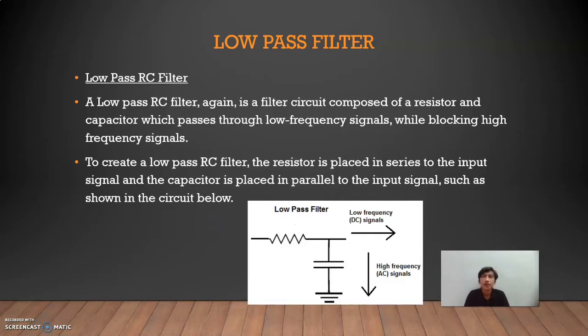It offers differing resistance to signals of different frequencies passing through it. A capacitor offers very high resistance to low frequency or DC signals, and it offers low resistance to high frequency signals.